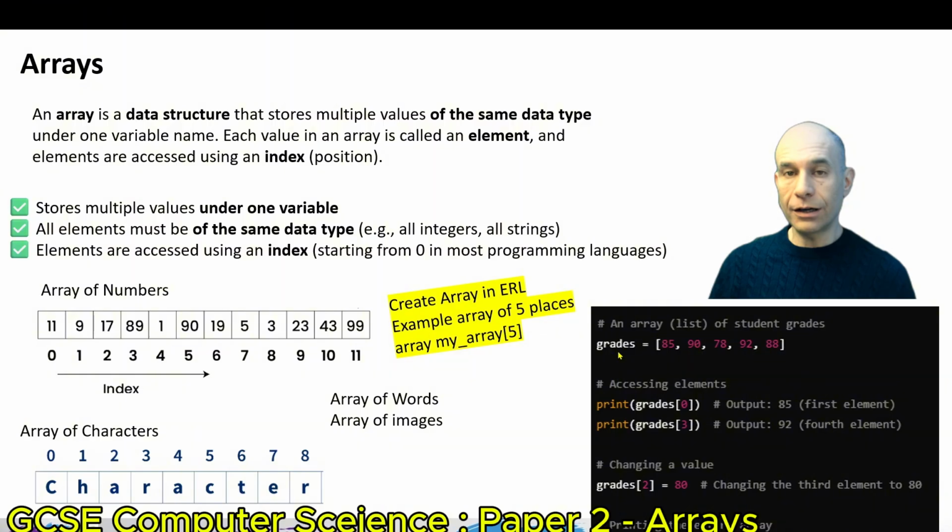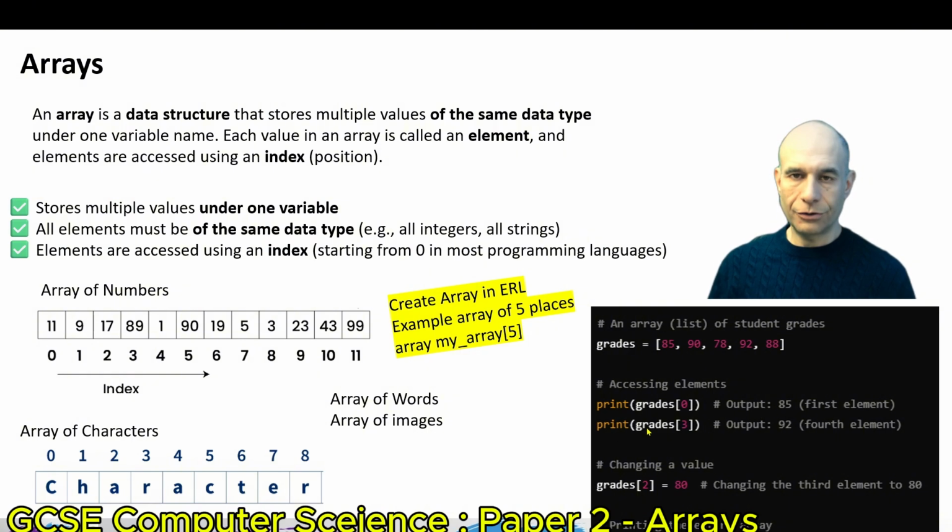In the first line here, I have created this array and filled it up with these 5 numbers. Now in here I'm printing grades, then inside the square brackets 0. So the first item of the array, and it will print out 85.